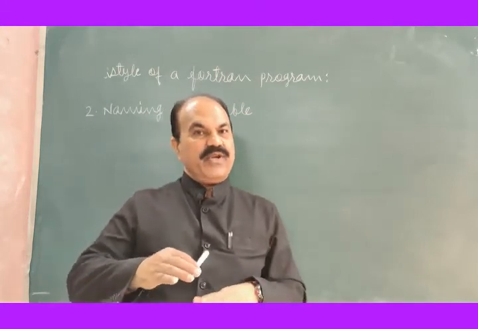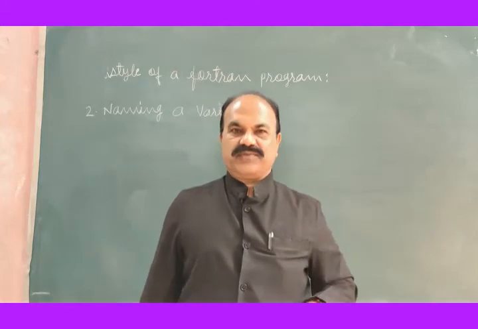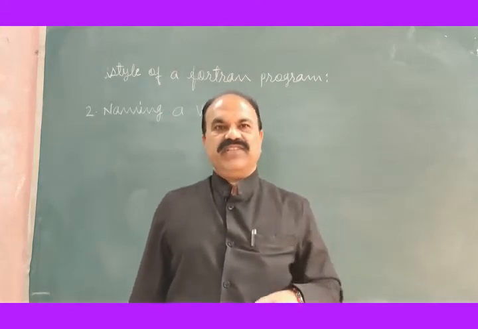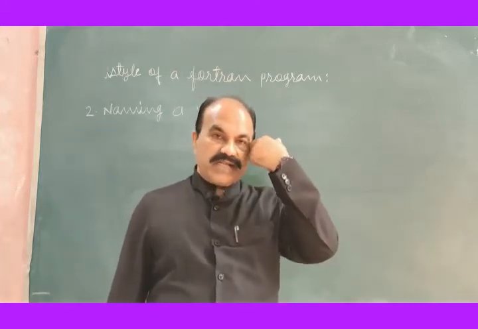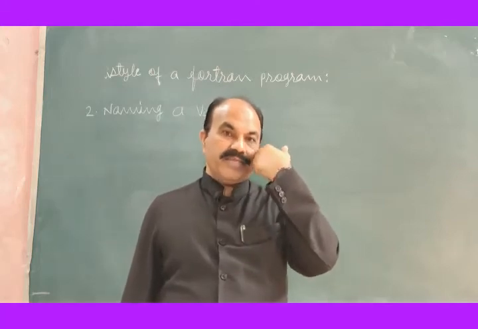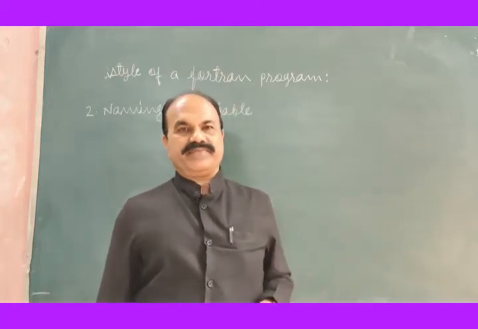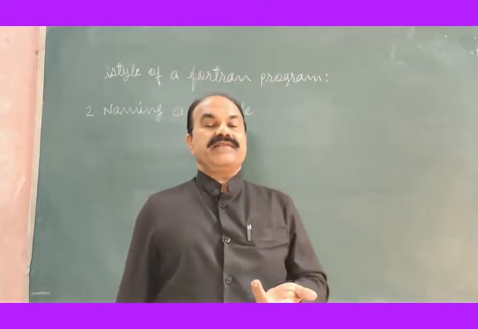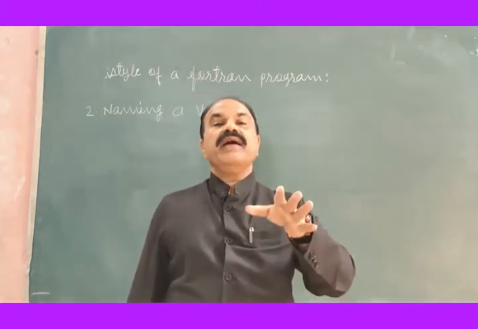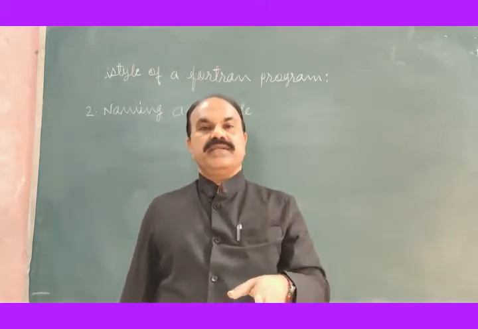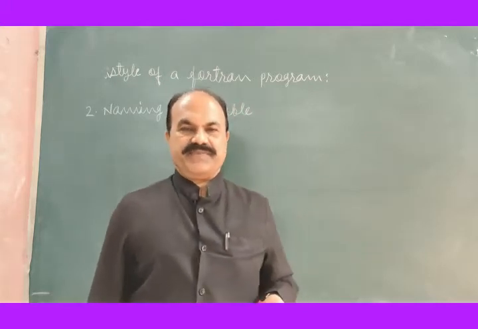It will not be more than 6 characters long. One thing. Second thing, first character of the variable name should be an English alphabet. Remaining characters may be English alphabets or may be numerals.